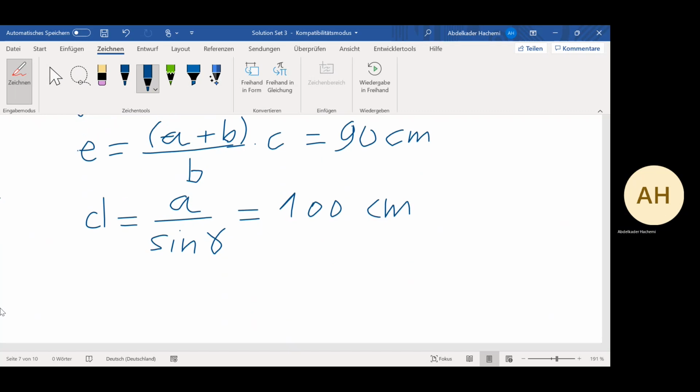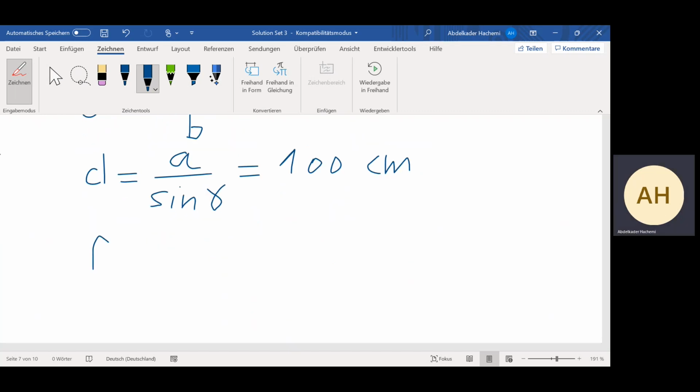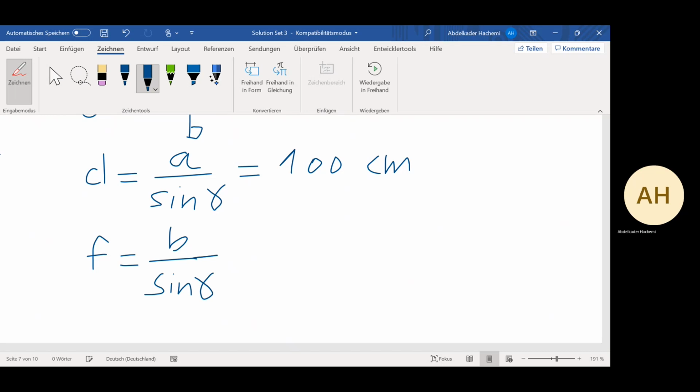And we get F, which is only B divided by sine gamma. This gives 50 centimeters.